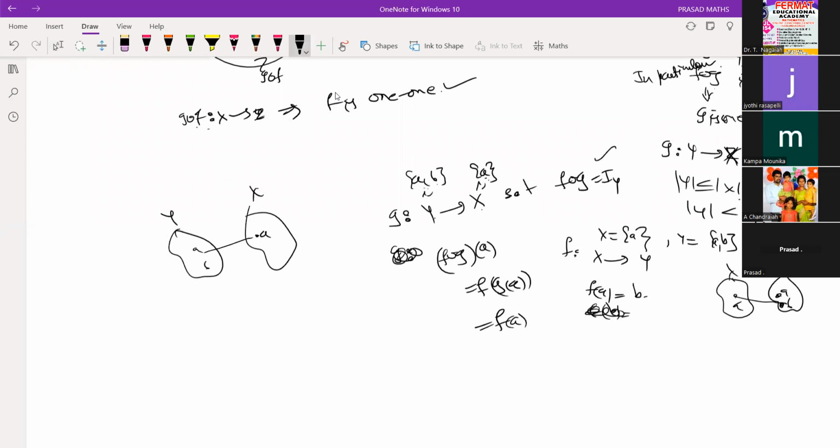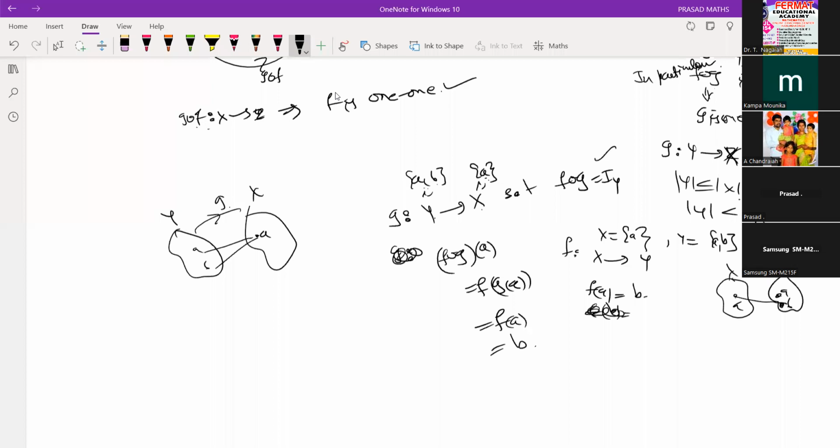All the elements go to a only. Therefore, what is my f of a? b. Therefore, it fails to satisfy the condition f circle g is equal to the identity function on y, because f circle g at a is equal to b. These both are not the same. What is f circle g equal to the identity function on y? It means f of g of y is equal to y for every y.